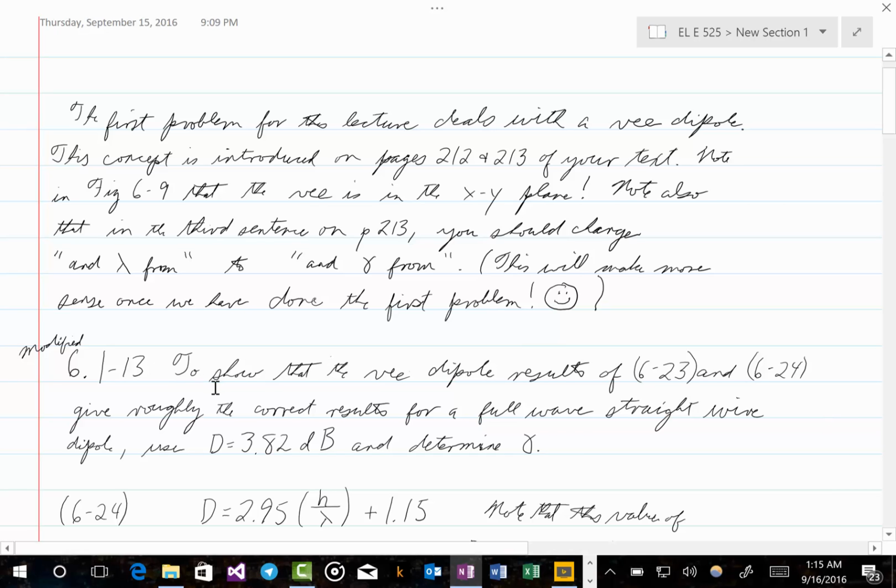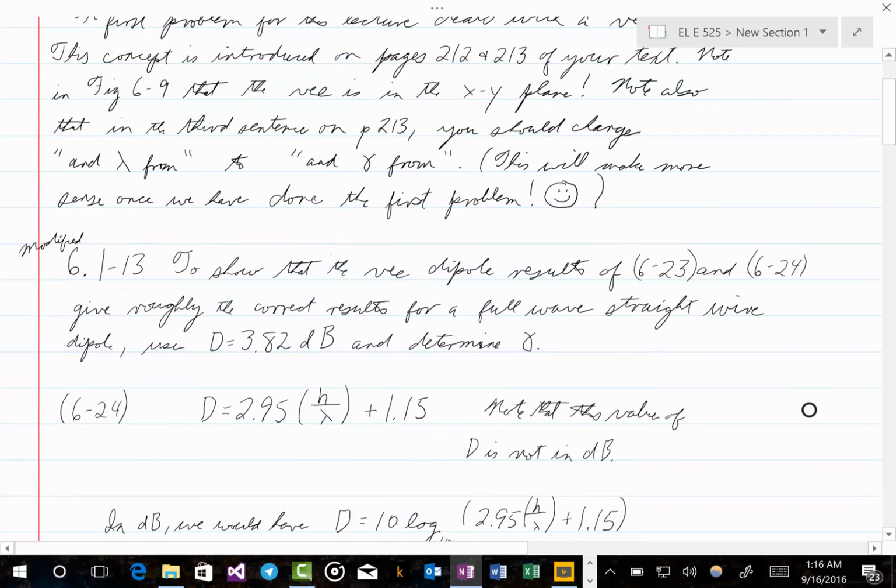So this problem 6.1-13, the modified version of it, reads as follows: to show that the V-dipole results of equations 6.23 and 6.24 give roughly the correct results for a full wave straight wire dipole, use D equals 3.82 dB and determine gamma.